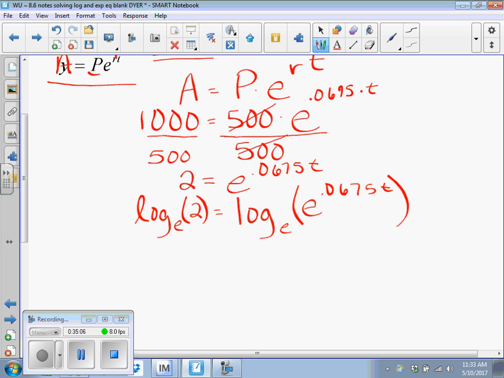This is like the first set of problems we did. When we had exponential form, we had to change it to log. So this cancels, leaving, log base e is the same thing as ln. So ln of 2 equals 0.0675t. Now what? Divide by 0.0675.